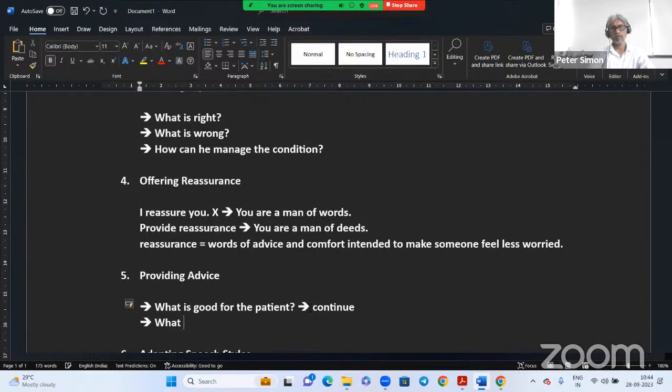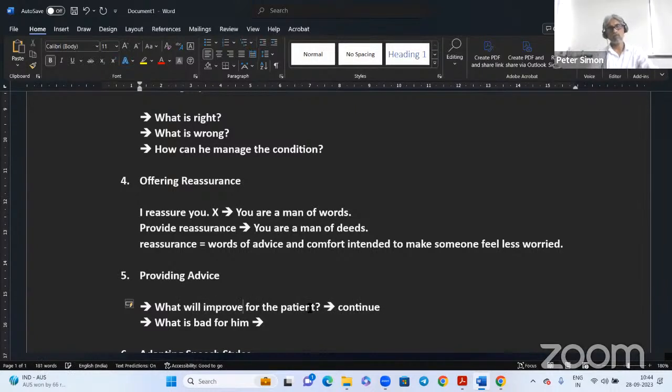What is bad for him? Okay. So what will improve his condition? What will improve his condition?